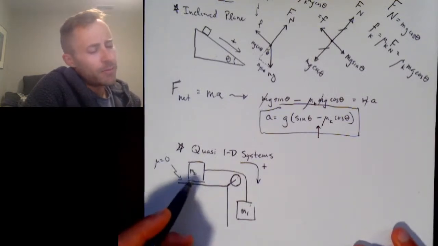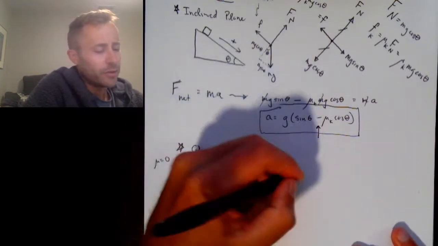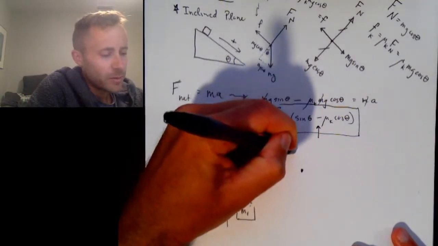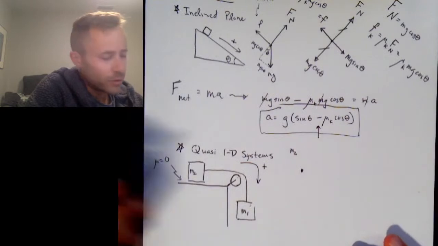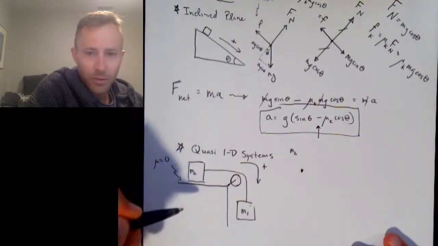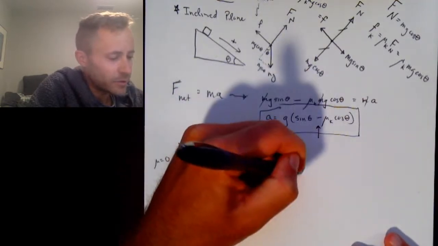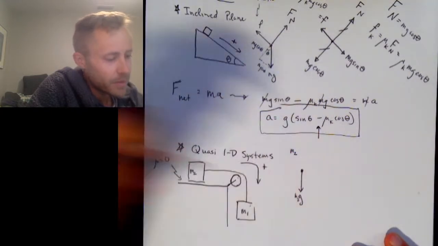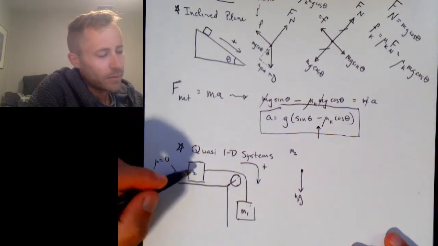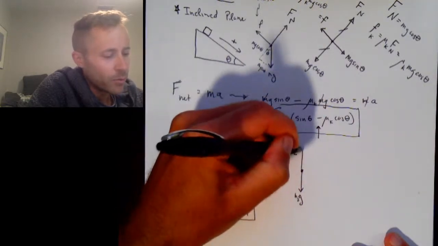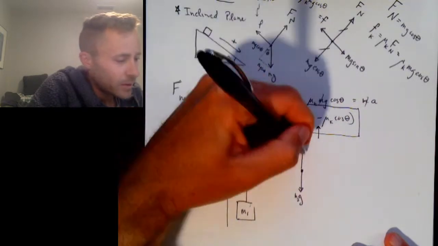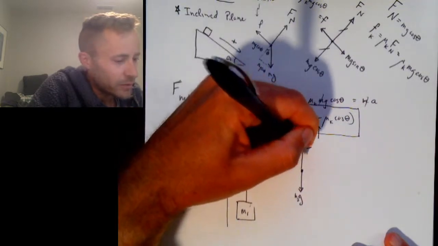Then we drew a free body diagram for each mass. For m2, there are three forces acting on it. It has its weight force, m2g. It has the normal force from the table, F sub n.